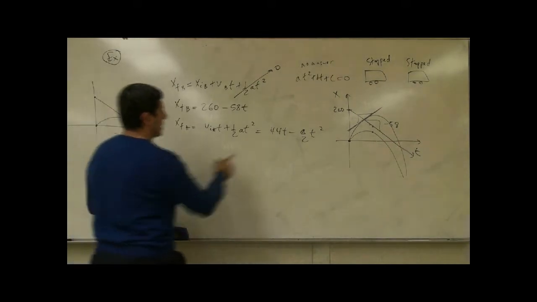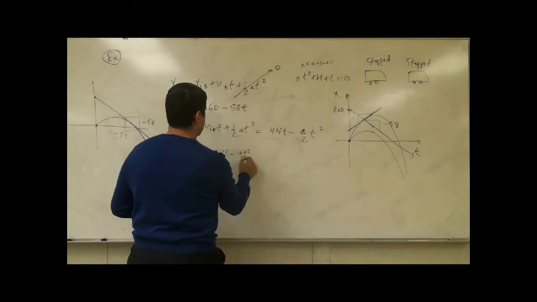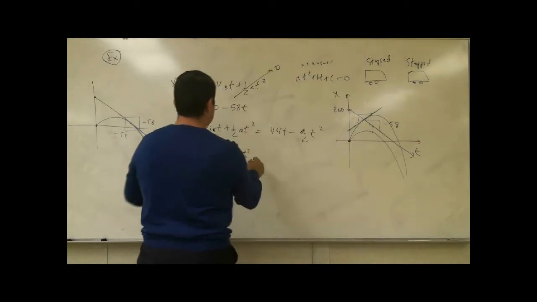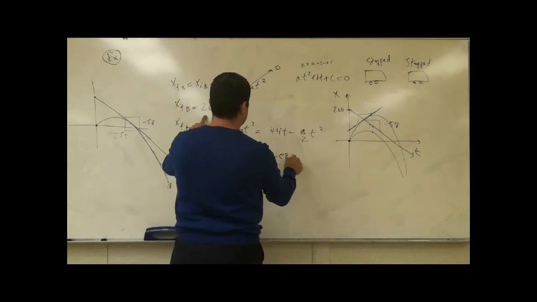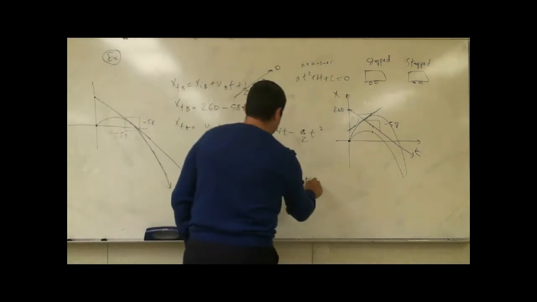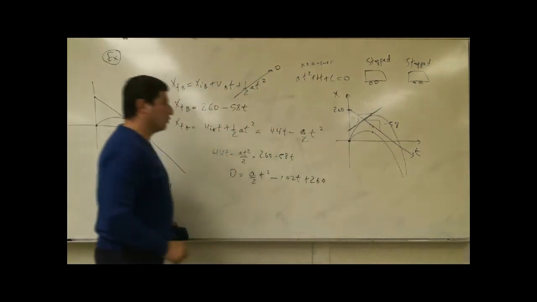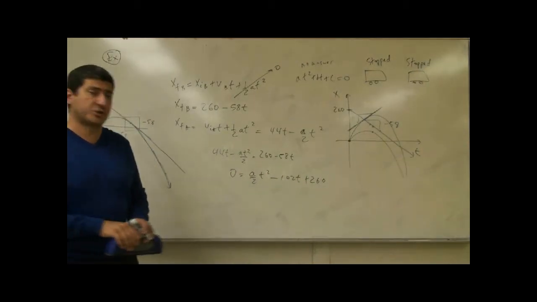So basically you say 44t minus a t squared over 2 is equal to 260 minus 58t. What's the general answer for this?